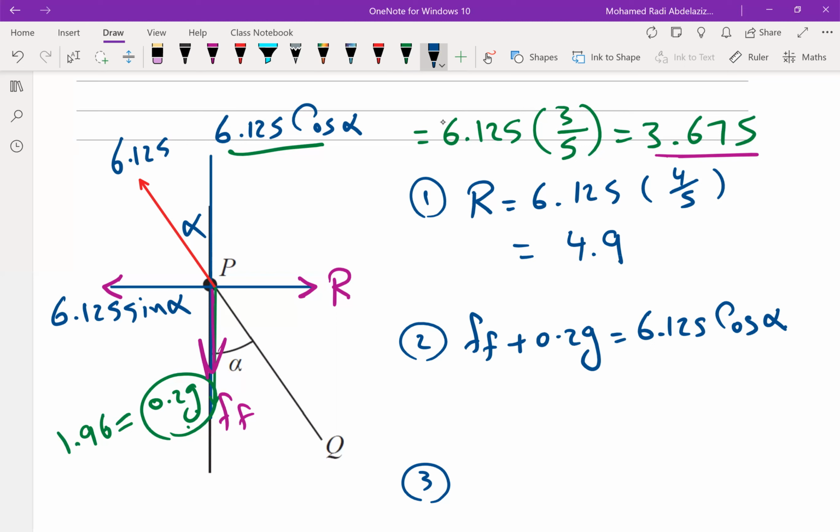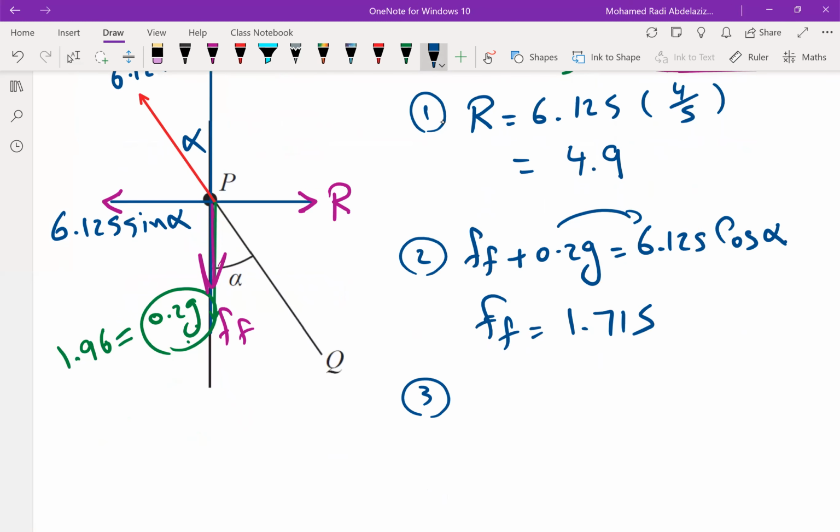And from the second equation, you can find the value of the frictional force: 6.125 multiplied by cosine alpha, which is 3/5, and move to the other side to be minus 0.2 times 9.8. So the value of the frictional force is 1.715.